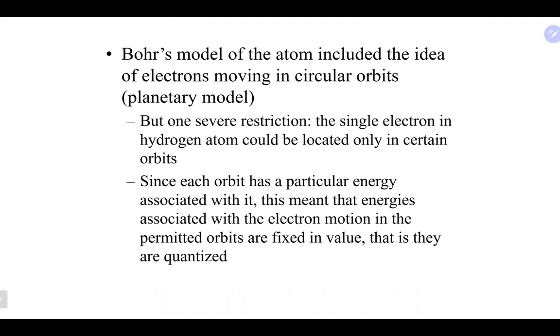Let's describe the lines of those electrons going from one energy level to the next. Again, the idea here is that they are in those fixed orbits about the nucleus.